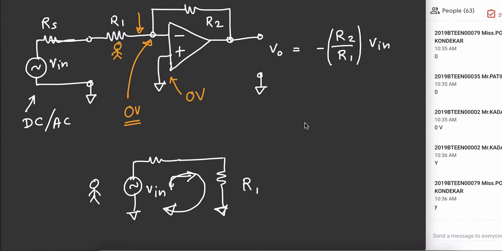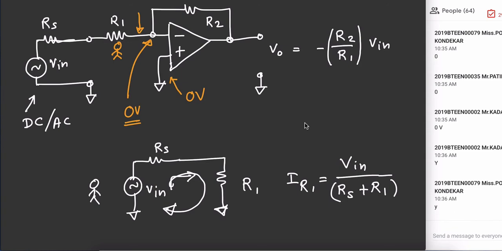As far as the current value is concerned, I R1 will be V in divided by Rs plus R1. If you neglect Rs, then it will be simply V in by R1. Right? Everybody understood this?